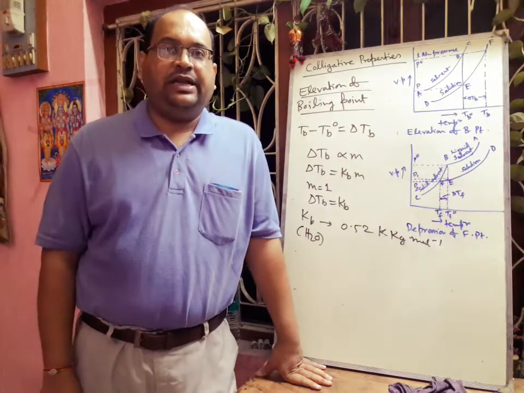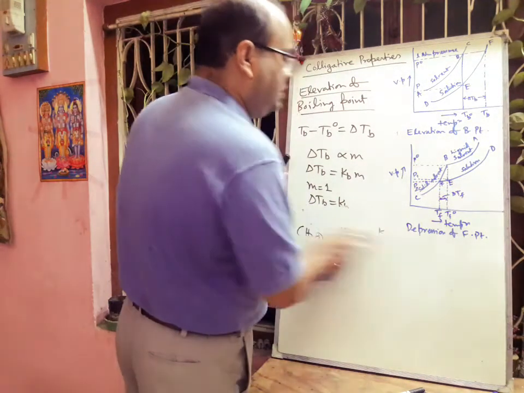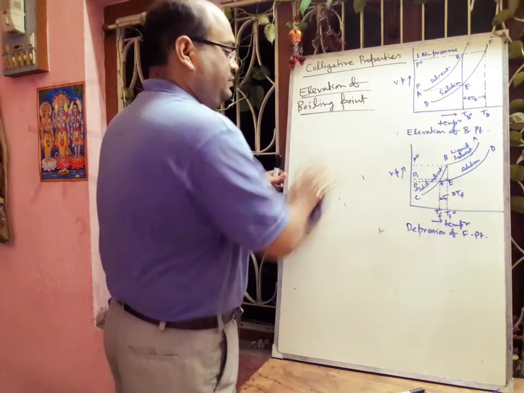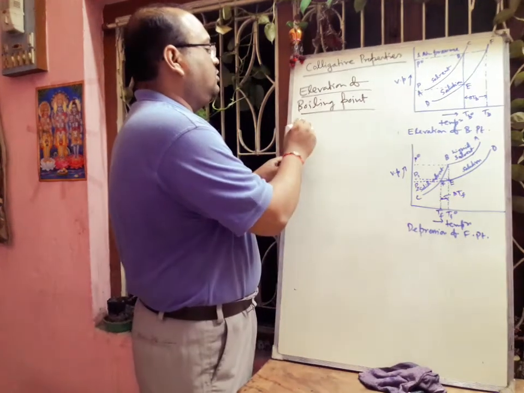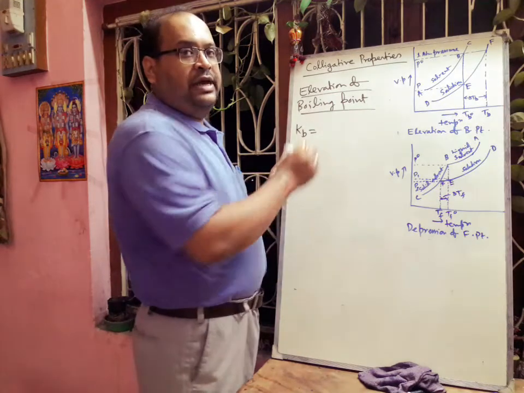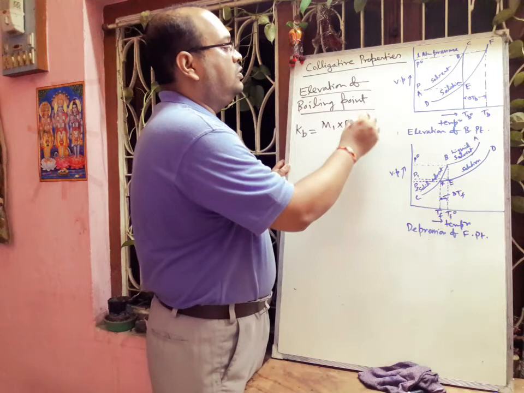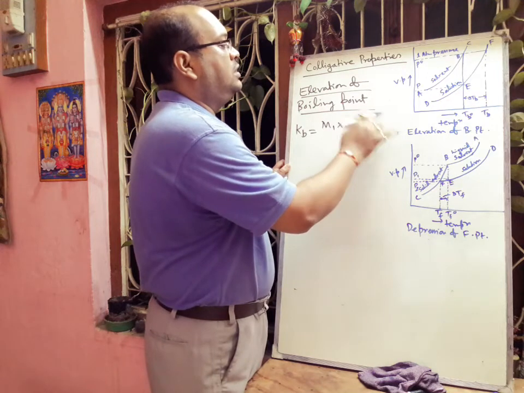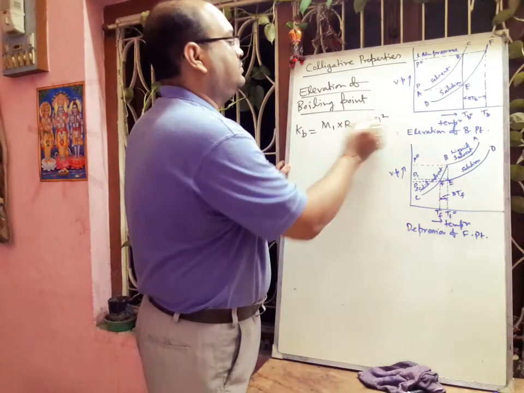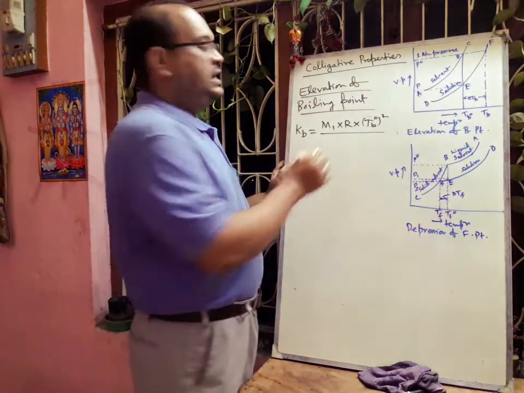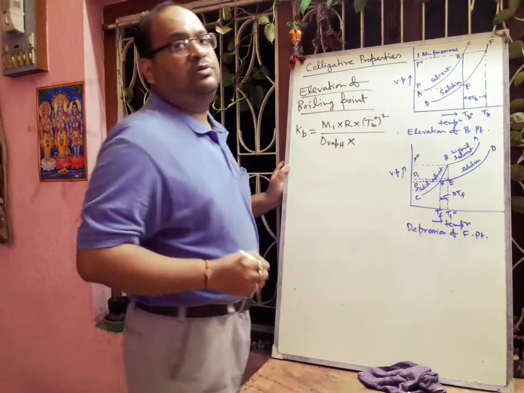Kb can be calculated from the following relation. That derivation is not in your syllabus. You only have to remember the relation. So Kb is equal to M1 into R into TB0 square divided by delta vaporization H into 1000.